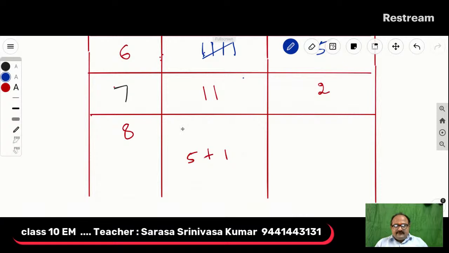Here tally marks 5. 1, 2, 3, 4, 5. This is 6. So total number of students who obtained 8 marks is 6.